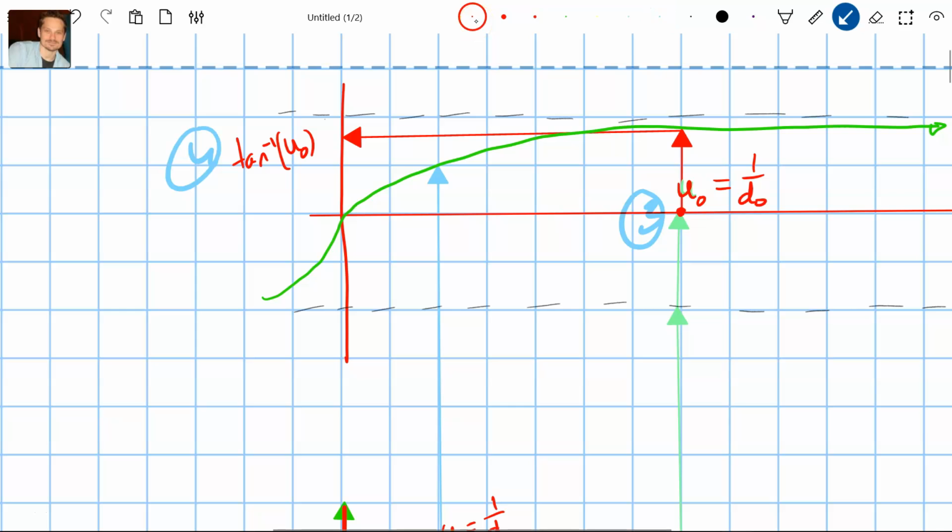So again, let me emphasize that this here is u equals 1 over d1. So let's say it's u1. And lastly, that's now going to put us back out to here, right here. You see that this is the output. So that represents tan inverse of u1.